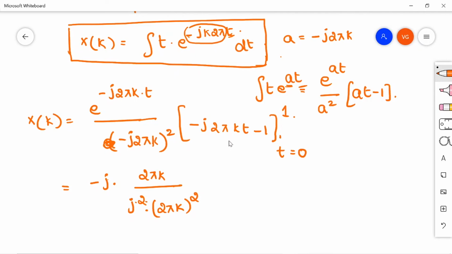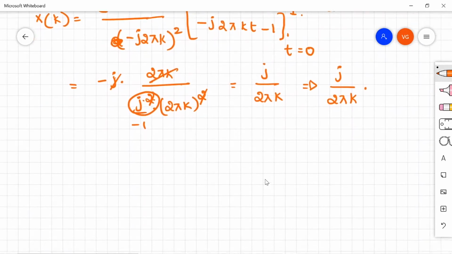Anyhow, this will get cancelled here, right? So you can cancel this, and also j square you can write as minus 1. So you keep j by 2 pi k, this whole square, and this will get cancelled. So this is nothing but j by 2 pi k. Substitute upper limit minus lower limit, you will get j by 2 pi k. So now to get this x of k, I am getting it as j by 2 pi k.